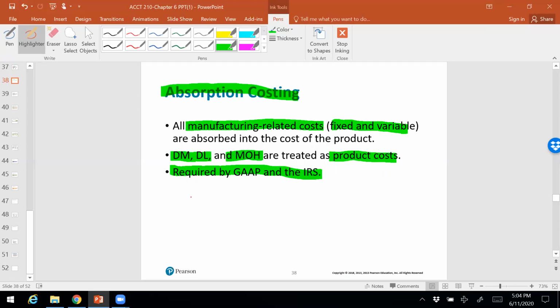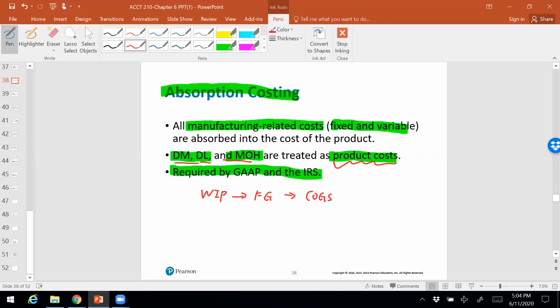Remember, that goes to your work in process, and then it goes to finished goods, and then it goes to cost of goods sold, right? All the other costs will be period cost and will be expensed in the same period.